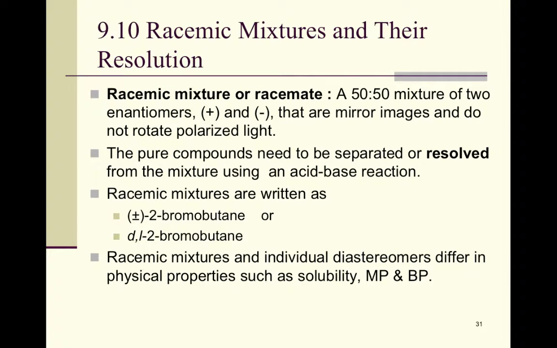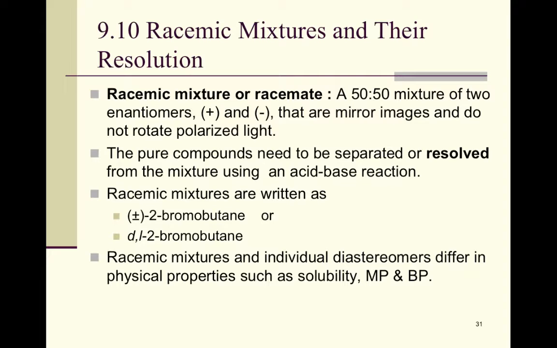Racemic mixtures and their resolution. A racemic mixture, or racemate, is a 50-50 mixture of 2 enantiomers, the positive and negative, or the R and the S. In order to get a pure compound, they need to be separated from each other, or resolved from the mixture, using an acid-base reaction.